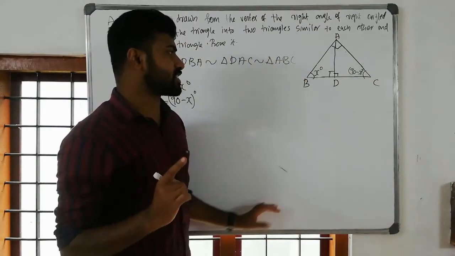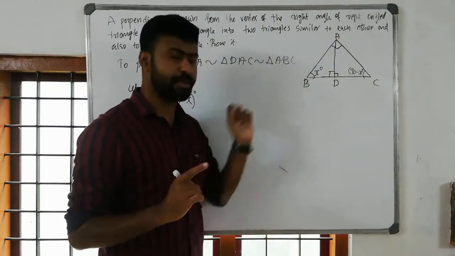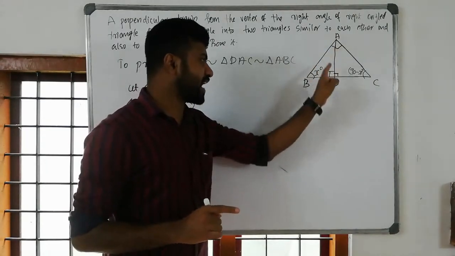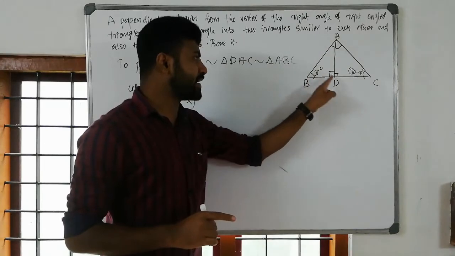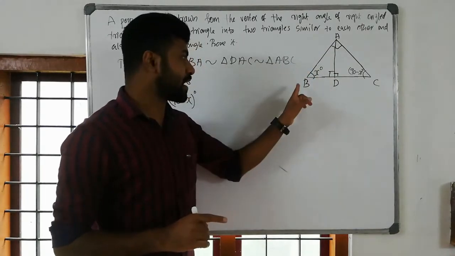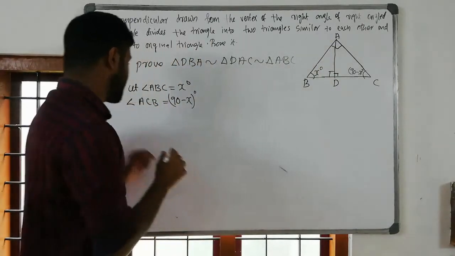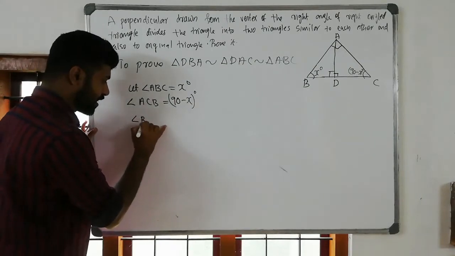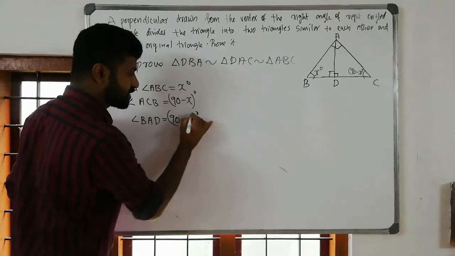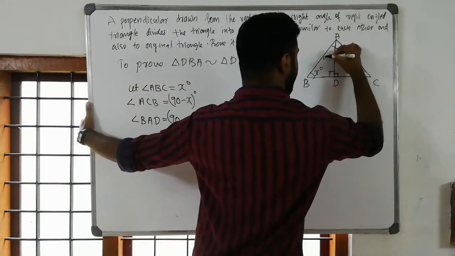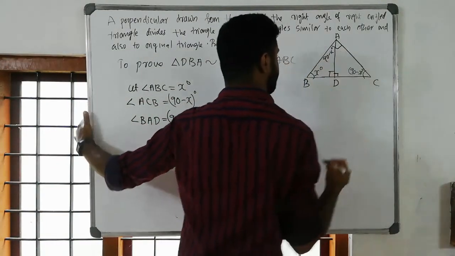Now consider the triangle ADB, in which angle ADB is 90 degree, angle ABD is x degree, then the remaining angle BAD is 90 minus x degree. So this angle is 90 minus x degree.